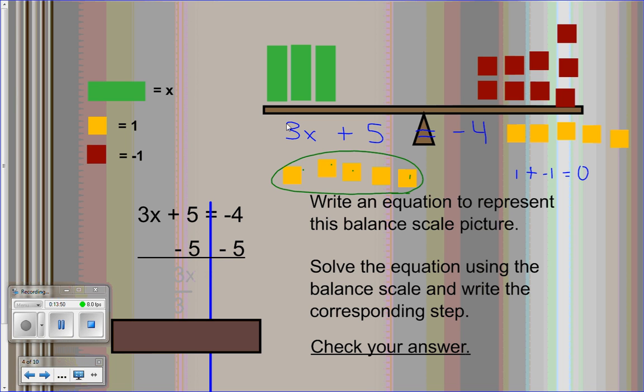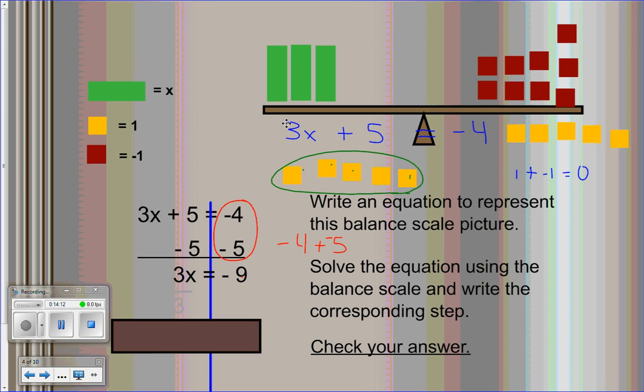And on the right side, a negative 4 minus a 5. So it's negative 4 minus 5. Okay, and that's the same as negative 4, keep, flip, change. It's still going to be, like we did on the picture, a negative 9. So 3x is equal to negative 9.